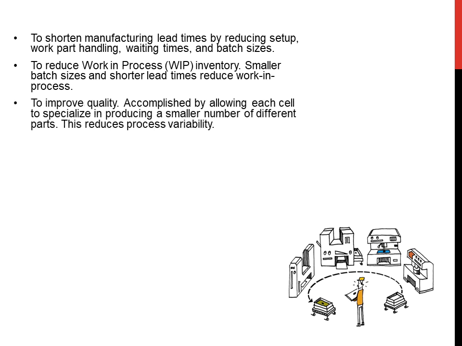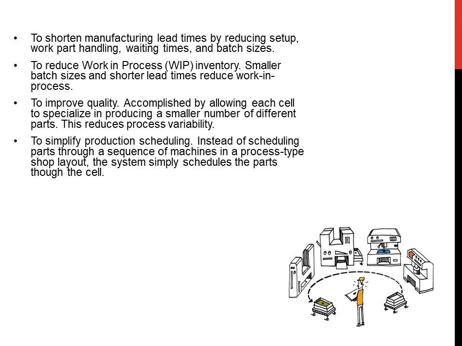To improve quality, accomplished by allowing each cell to specialize in producing a smaller number of different parts. This reduces process variability. To simplify production scheduling, instead of scheduling parts through a sequence of machines in a process type shop layout, the system simply schedules the parts through the cell.